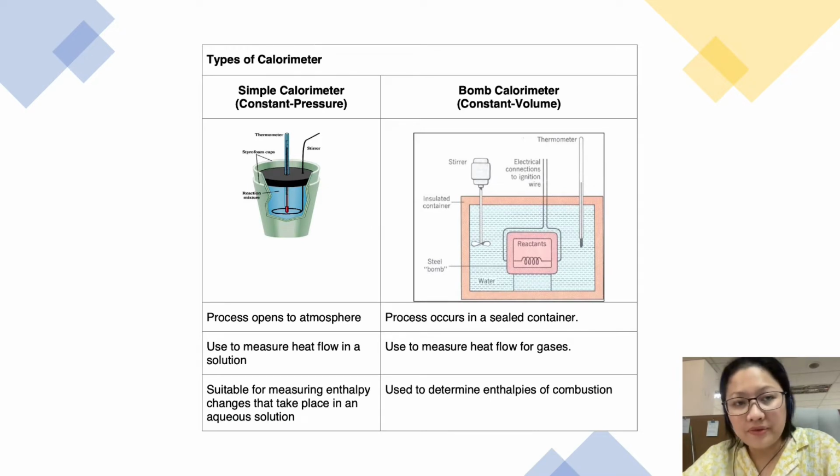So as I told you before, there are 2 types of calorimeter that you're going to learn. The first one is the simple calorimeter, also known as constant pressure calorimeter, and it is very simple.